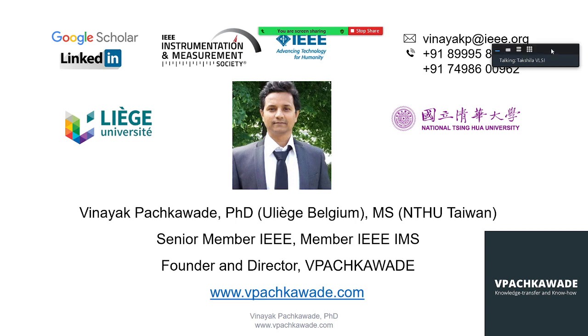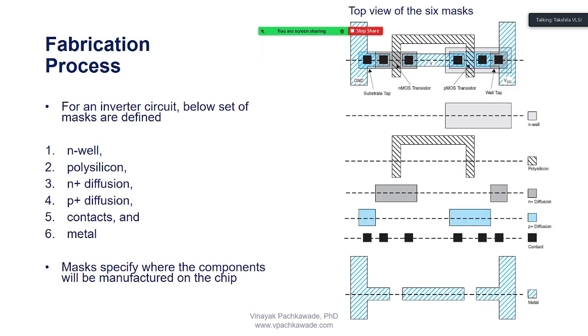Alright, so we have seen yesterday about the basic flow of CMOS fabrication, and we've seen how we can use these mask layers. For instance, we have this typical fabrication process where we use a set of masks for an inverter circuit.